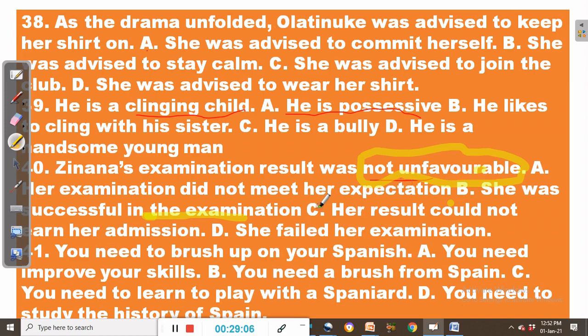All right? Then let's look at option C. Her result could not earn her admission. Nothing like that was alluded to here. D. She failed her examination. We are not told that. So the only possible interpretation is that she was successful in her examination.